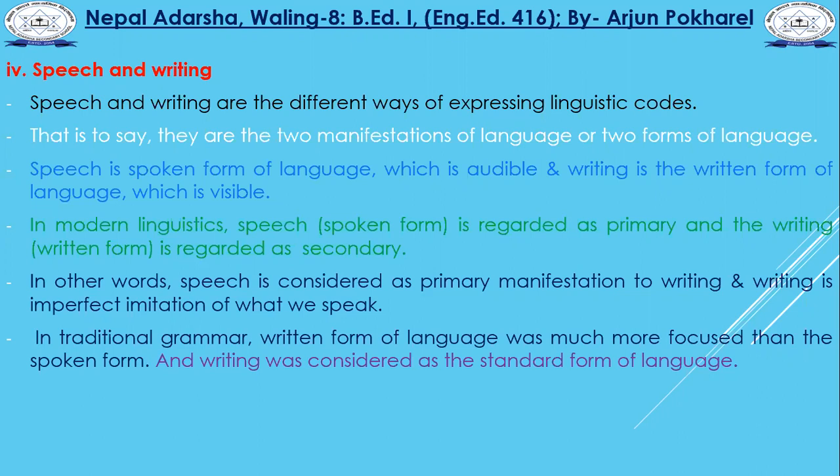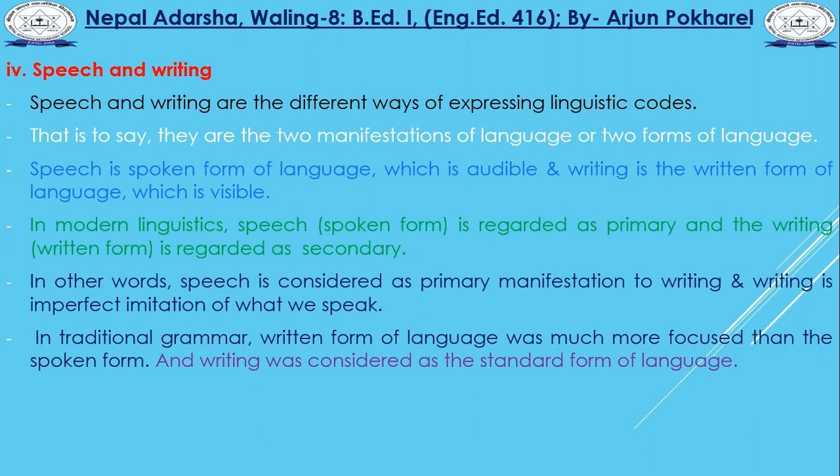Mastery over the language meant mastery over the written form only. But this ignored the primary aspect of language. The spoken form is the primary form of language, and the written form is the secondary form. That's why they focused on the secondary form rather than the primary form.